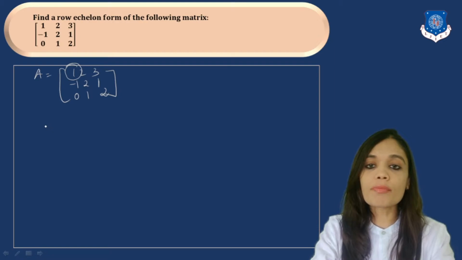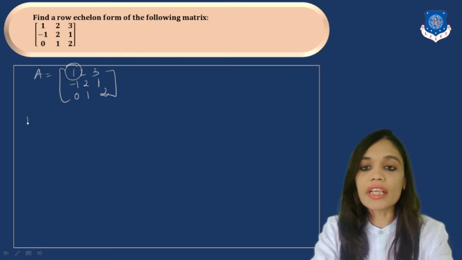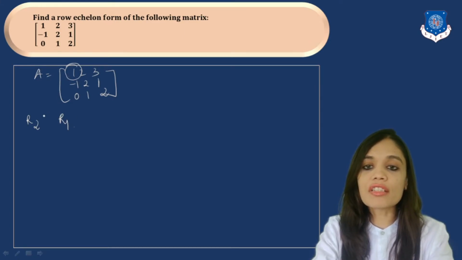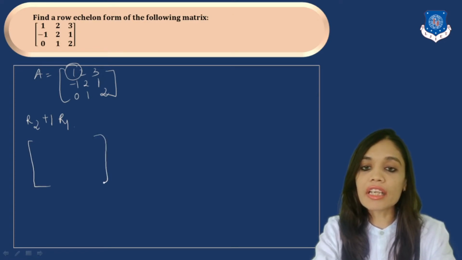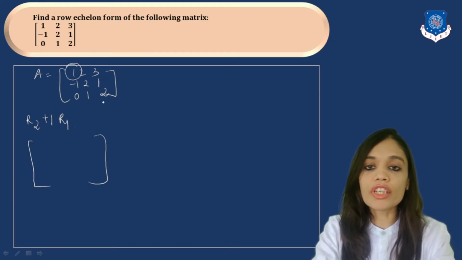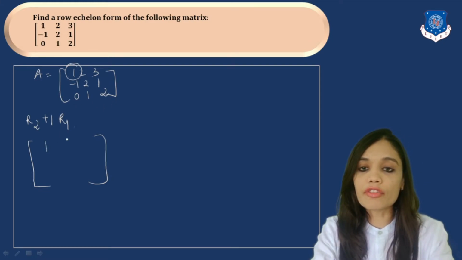Let us start making zeros in R2 using our R1. Just change the sign of this number, so you have to keep +1, and now simplify. In the last row we have 0, so we don't need to make any changes in that. So firstly write the first row as it is and the last row as it is.